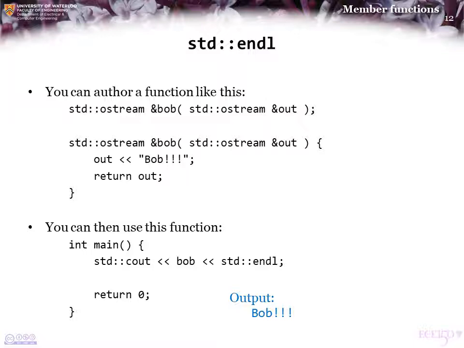What's relevant here is that we have a function that takes objects as their arguments and returns objects as well. And in this case, it does something. Specifically, it modifies it by having printed bob to the screen.